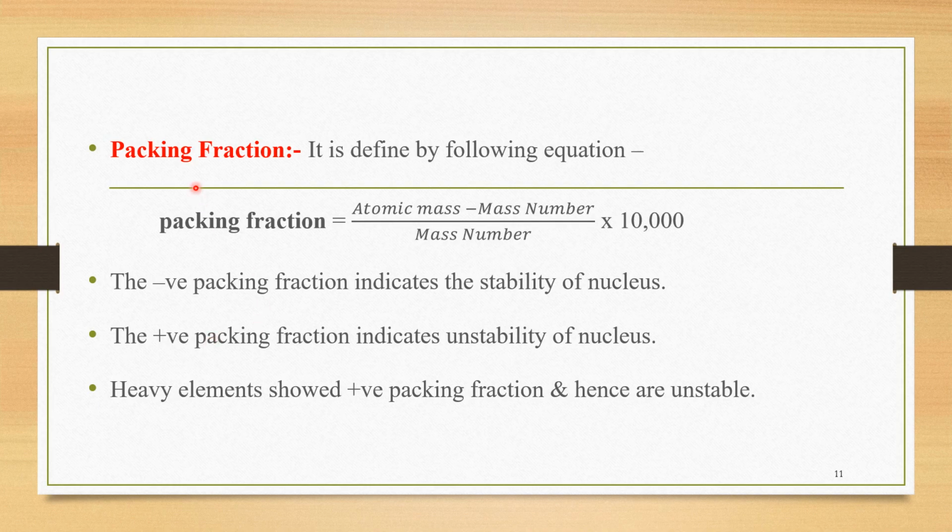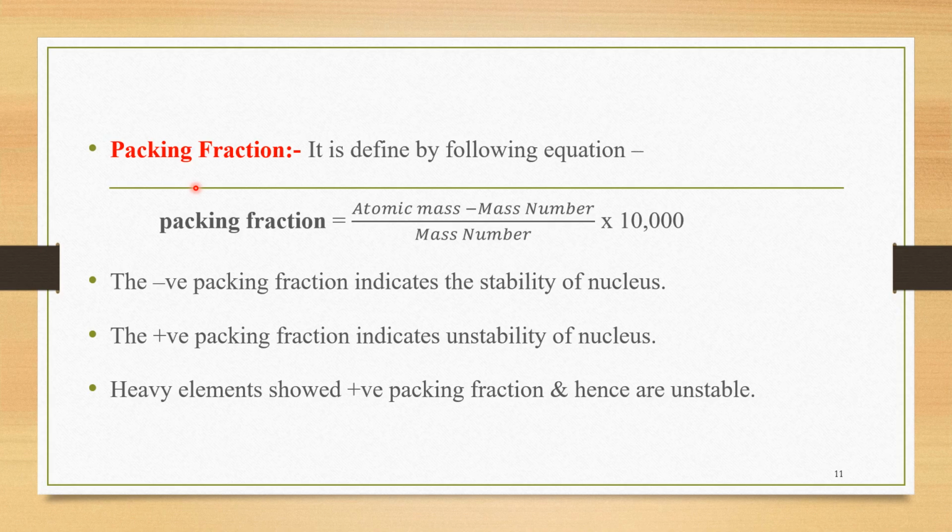So in this lecture, we focused on a very important topic of the nuclei, that is the stability of the nuclei and the factors affecting the stability of the nuclei. We considered four different factors which affect the stability of the nuclei. The first one is the nature of nuclear forces. The second one is the odd-even combinations of protons and neutrons.